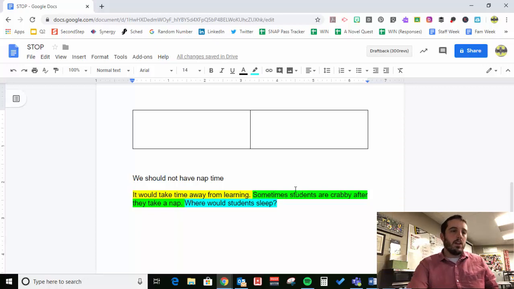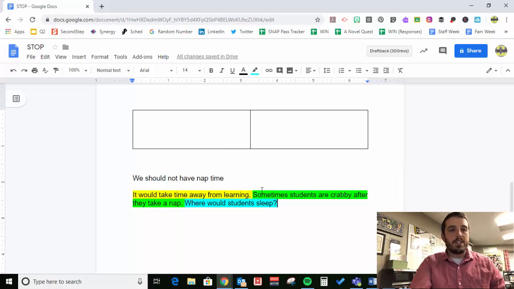What I mean by that is where it says it would take time away from learning. Okay. Well, why would it take away time from learning? So maybe you could talk about the fact that you would have to have that nap time somewhere in the day, and that would have to come out of classes, so classes would have to be shorter, which would then take away time from learning.